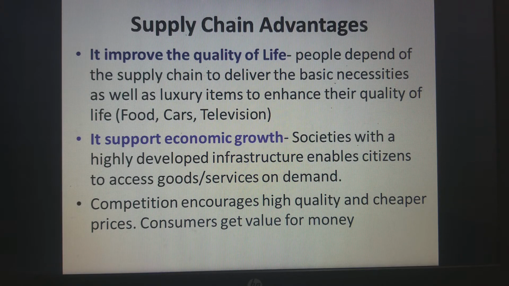The second advantage is that it supports economic growth. What do we mean by that? Societies with a highly developed infrastructure enable citizens to access goods and services on demand. They can get the goods because their infrastructure, such as roads, yes, are properly paved, so the goods can move from one location easily.